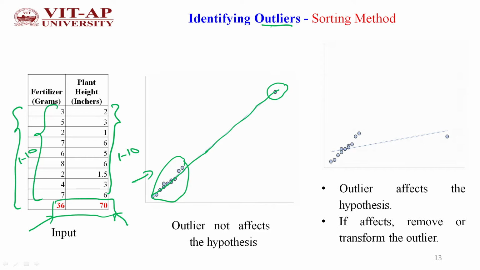So this data point is called an outlier, even though it is located on the regression line. For this regression problem, this outlier is not affecting. But in the second plot, the data point is available here.